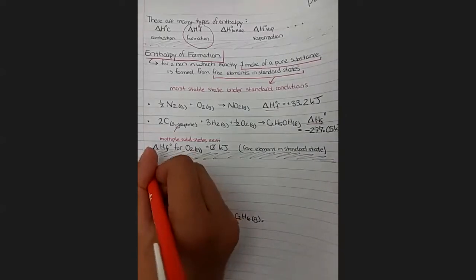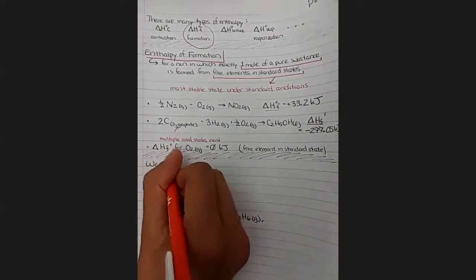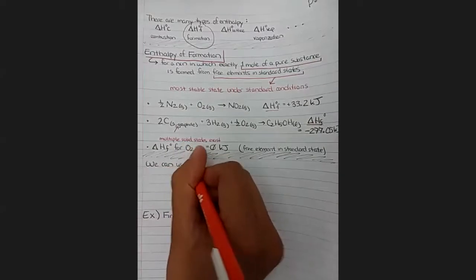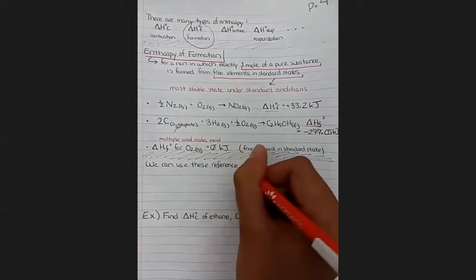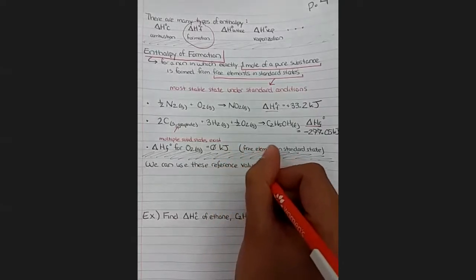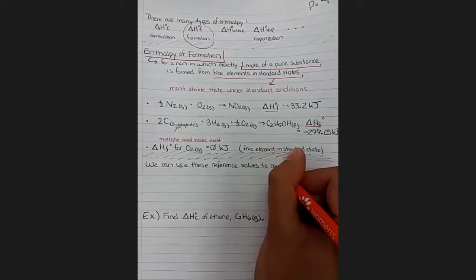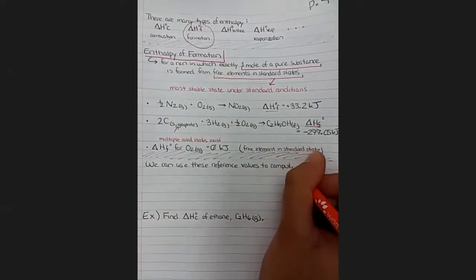Okay, so now let's see how we can use those. So all of these standard delta H values of formation can be found in reference tables, and we can use them to compute values we don't know.